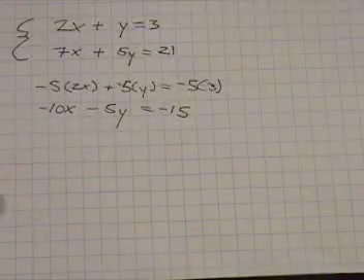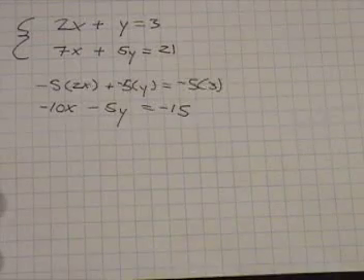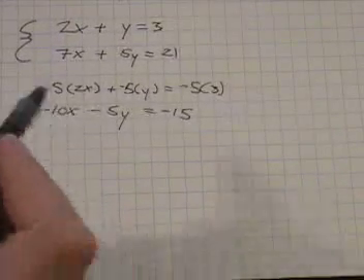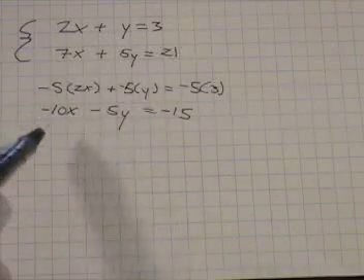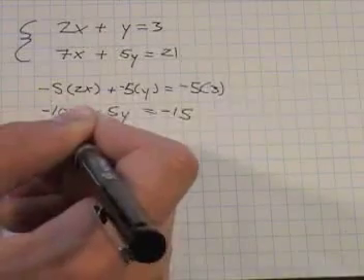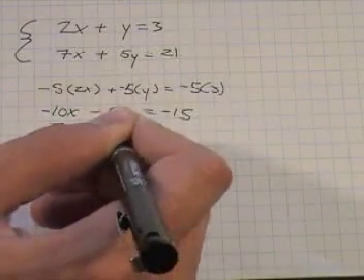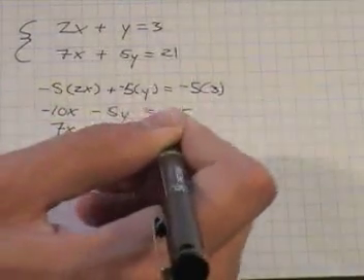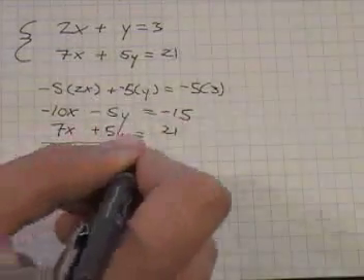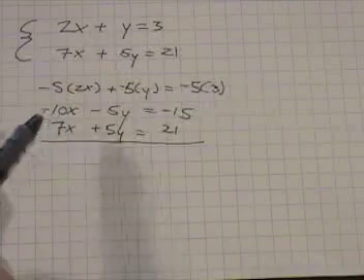Now that you have additive inverses, you can use addition to solve for this. So let's write this bottom equation right below it down here and then add them. So 7x plus 5y equals 21. We'll add both of these together.